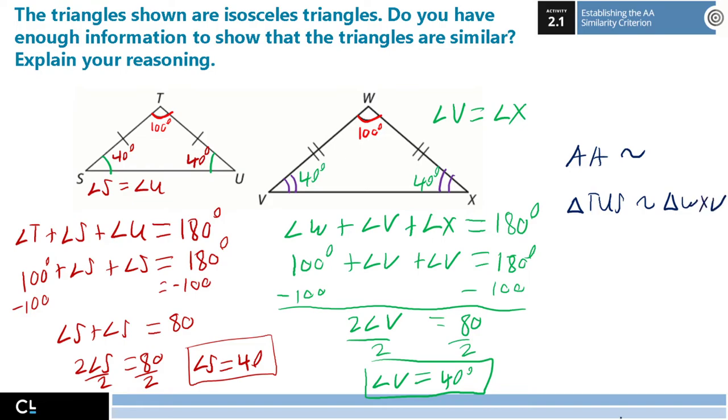So because of angle similarity, these two triangles are similar. And we just had to do some work to get there. But notice how this problem with that one little piece of information, that T and W are congruent, with that little information, we are able to prove that these are now similar. Awesome. Let's move forward.